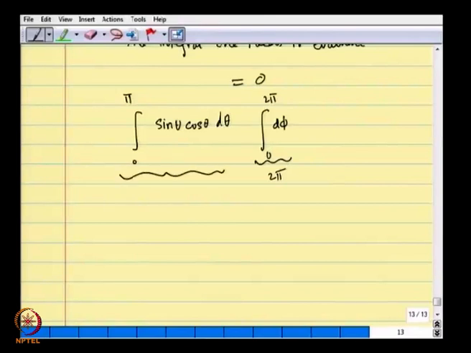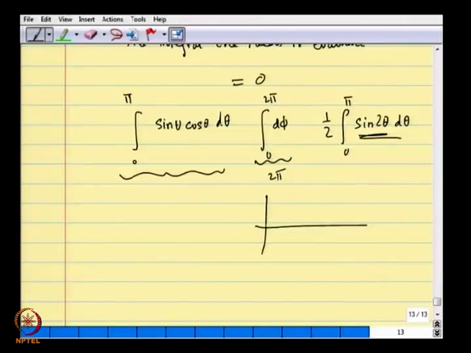This integral sin theta cos theta d theta from 0 to pi is the integral of 1 by 2 sin 2 theta. And please remember, sin 2 theta from 0 to pi completes one whole cycle. Therefore, the area cancels out, and this whole thing goes to 0.